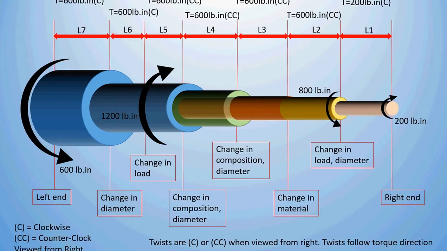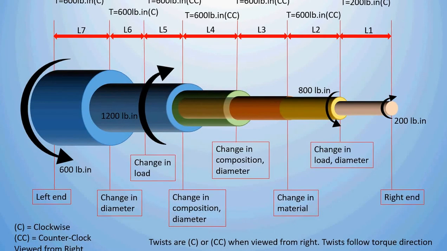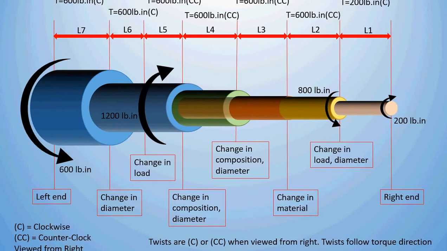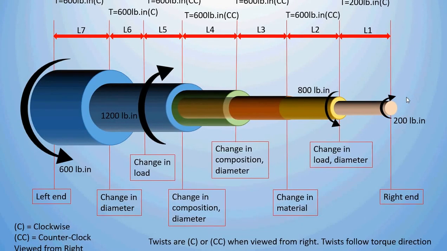So in this slide we've got an example of a shaft, a fairly complex shaft, but really it's just here to show you how you break things down into segments. If you look at the right end here, we've got a 200 inch-pound torque applied in the clockwise direction around it.